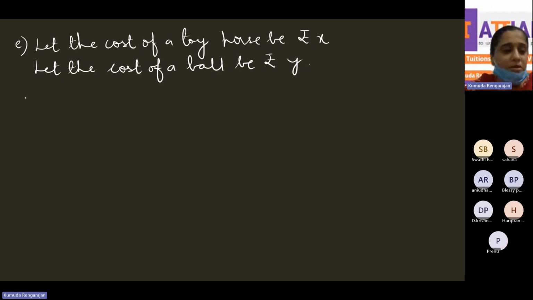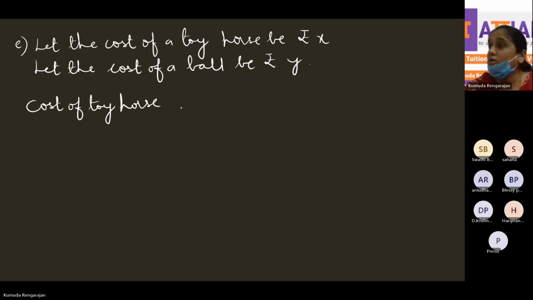The cost of a toy horse is rupees 5 less than 4 times the cost of a ball. Let me write that. The cost of a toy horse is, meaning equal to, 5 less than something. That means something should come here.